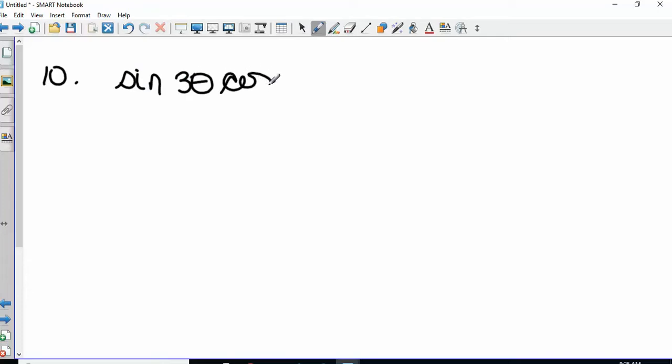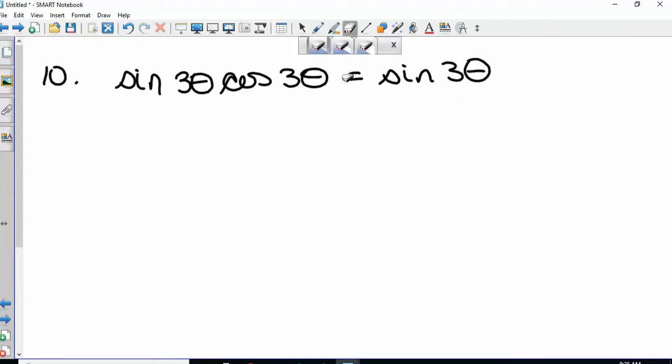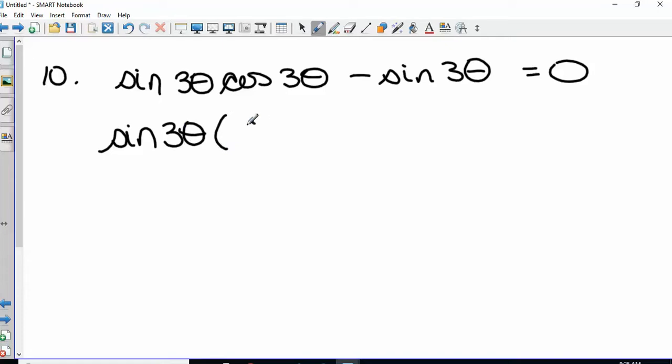This is very similar to problem 8. What would you have to do first? Inverse sine 3 theta. So I'm just gonna subtract that over so now it equals 0. Then both of them have a sine 3 theta, so we factor that out.